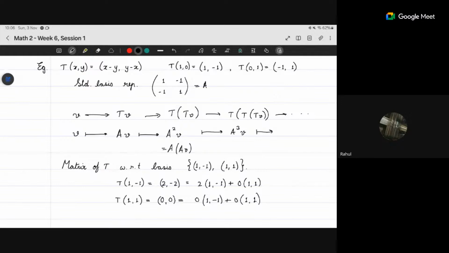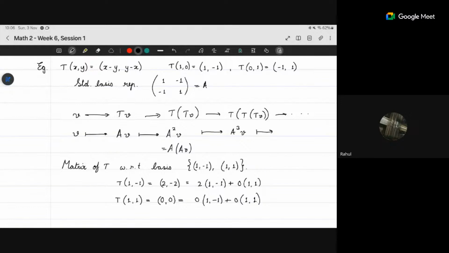If you recursively apply the transformation T on a given vector, that is like multiplying by the matrix over and over again. At the nth recursion of applying the transformation on the vector, you'll get A to the n times v, which may not be easy to compute in general for an arbitrary n.